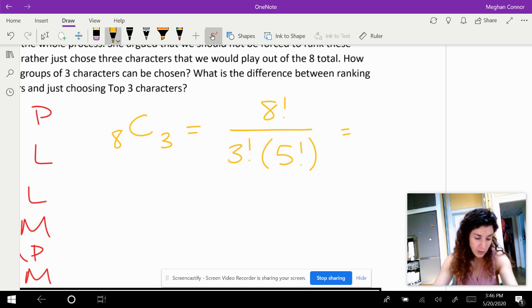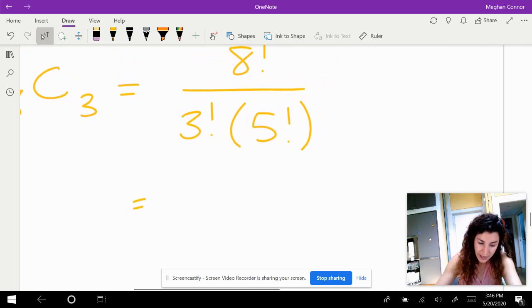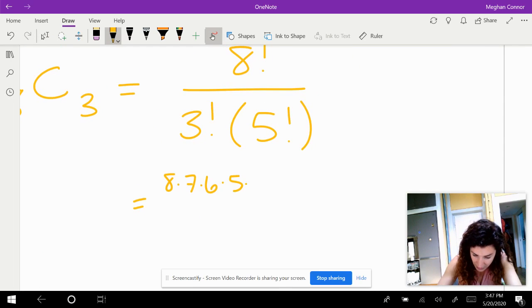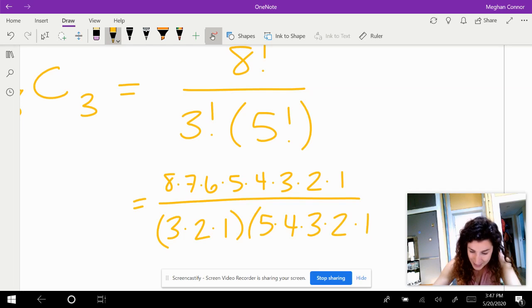You could plug this into your calculator, or you can do a little bit of thinking here. 8 factorial is 8 times 7 times 6 times 5 times 4 times 3 times 2 times 1, over 3 times 2 times 1 times 5 times 4 times 3 times 2 times 1.